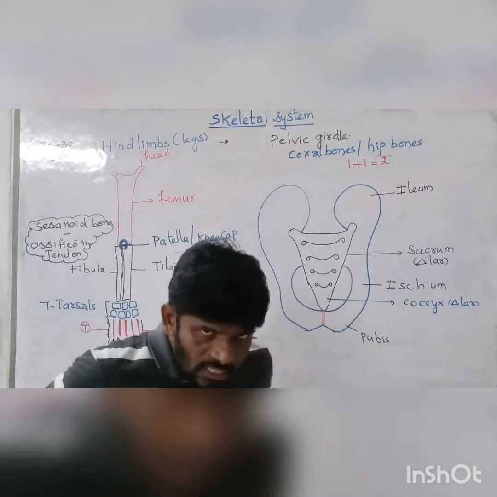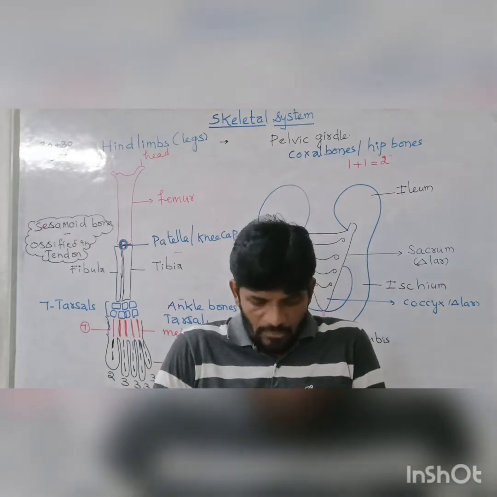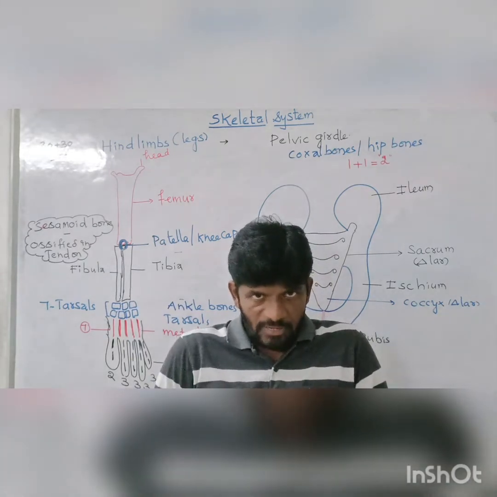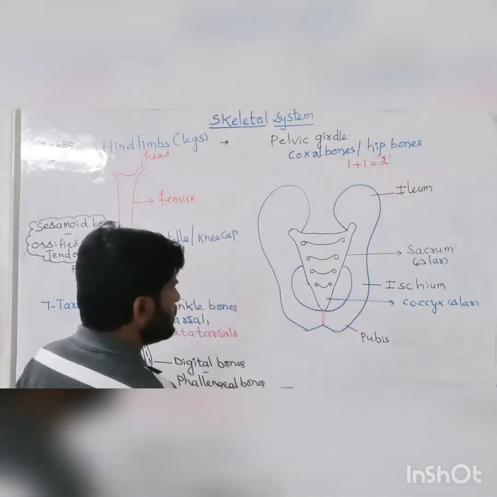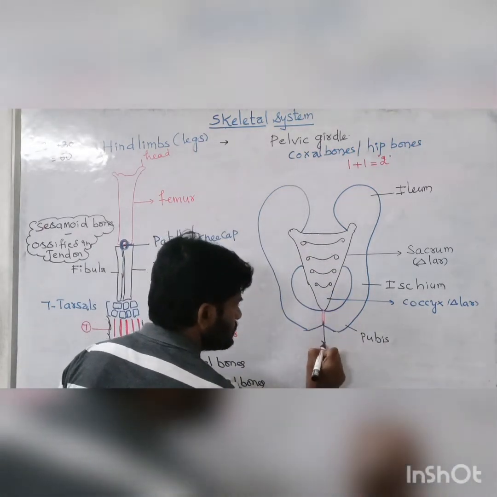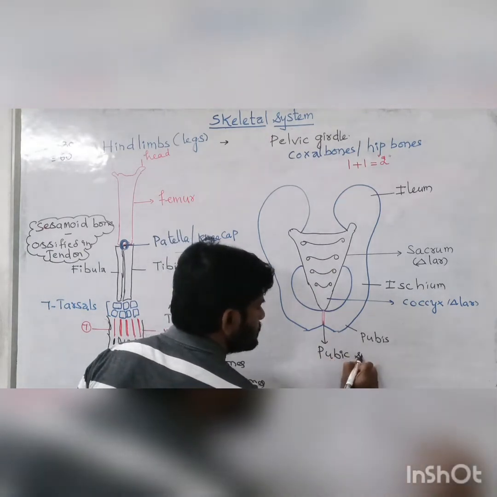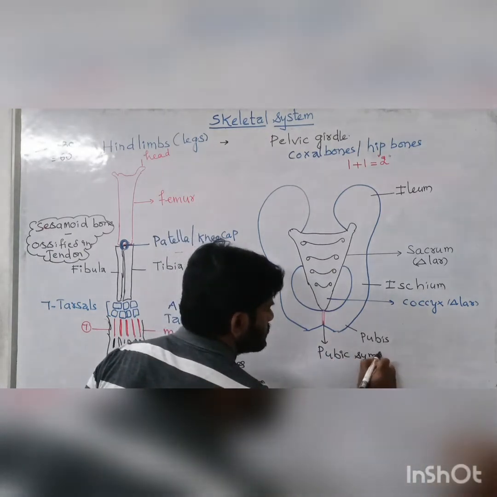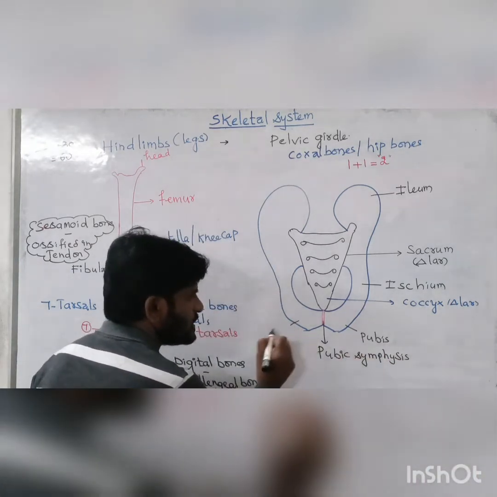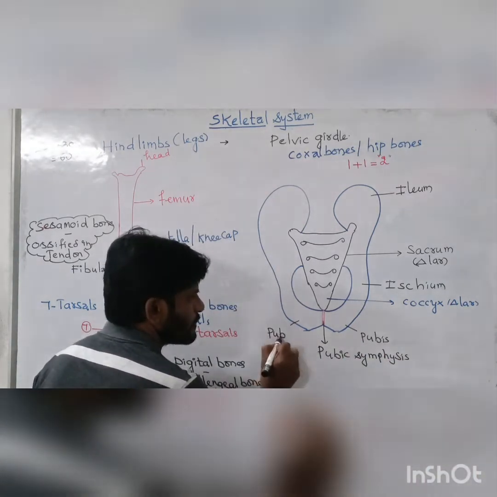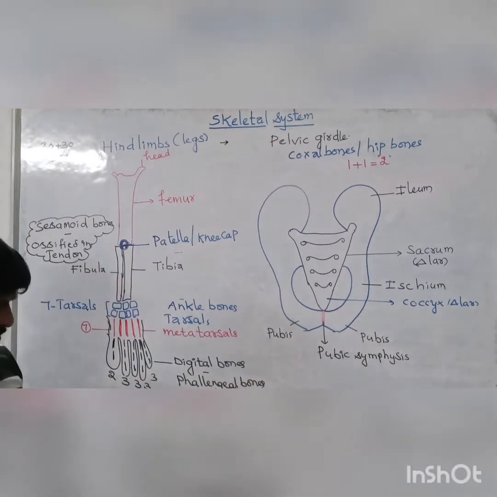The pubes meet on the ventral side, in the mid-ventral region of the pelvis, where the pubic symphysis is present. This is the pubic symphysis, between the two pubic bones.